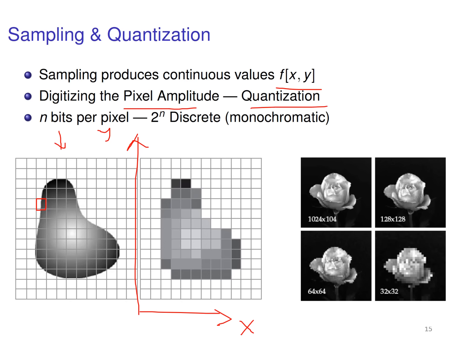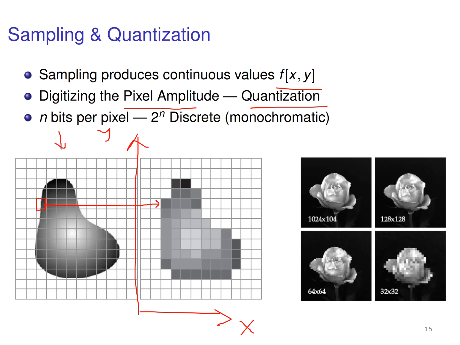That's quantization, because you're going to select different levels for each pixel. So if this is real, it has to be translated into this box here, where the entire pixel has the same grayscale level. That's called pixel amplitude, and digitizing pixel amplitude is quantization. Now, with n bits per pixel, how many levels are representing a pixel? This is 2 to the power n.